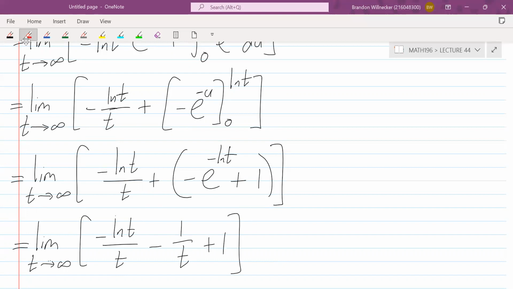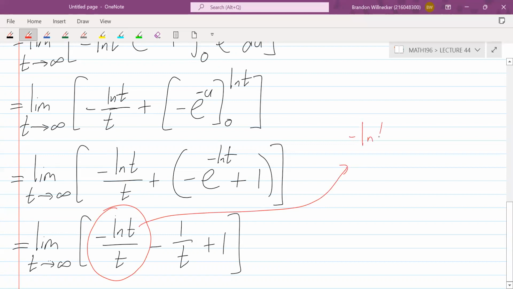Well, with this first term, the top part's going to be infinity, the bottom part's going to be infinity, so that's an indeterminate form. So if we want to find the limit, we have to do a bit more work on that. So let's just circle this and take it to the side where we need to do a bit more work. So that's going to be minus the natural log of t over t.